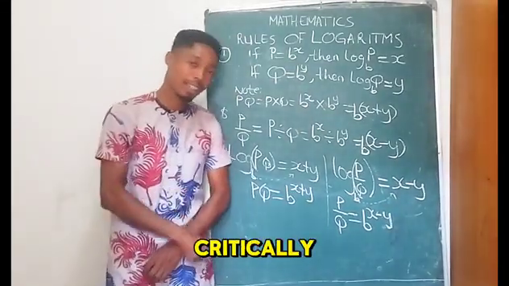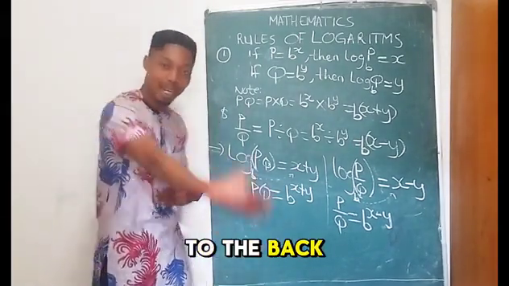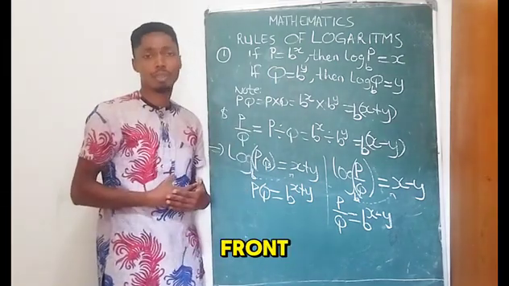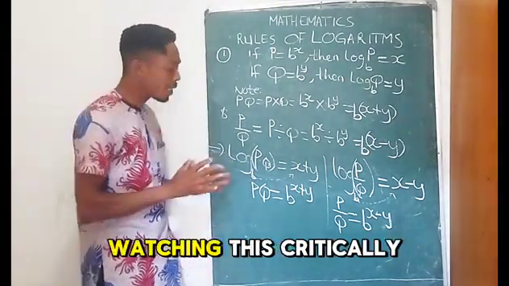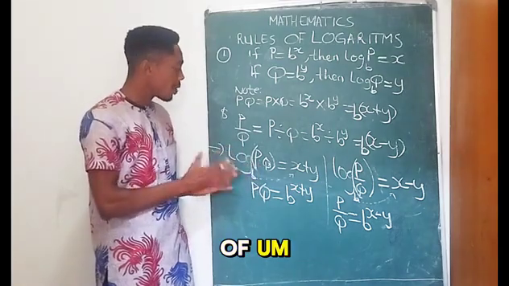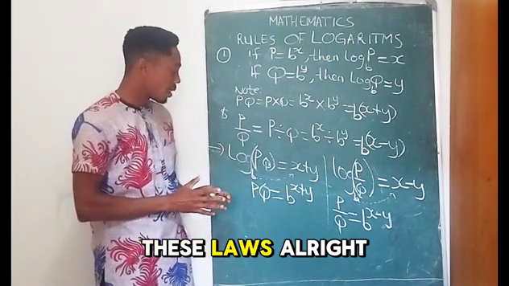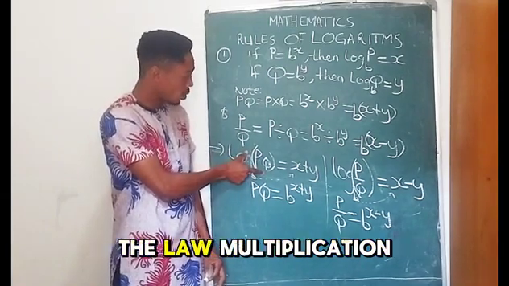If you look at this critically, we are doing the same thing from the front to the back and from the back to the front, vice versa. So watching this critically will give you a good understanding of these laws. All right. So I can call this the law of multiplication. The law of multiplication.